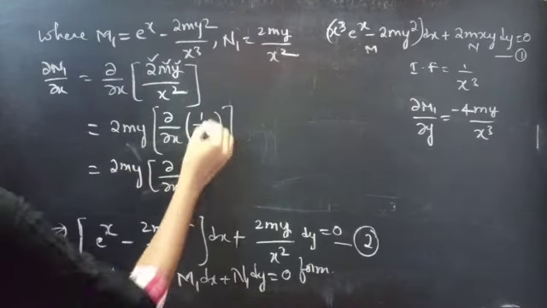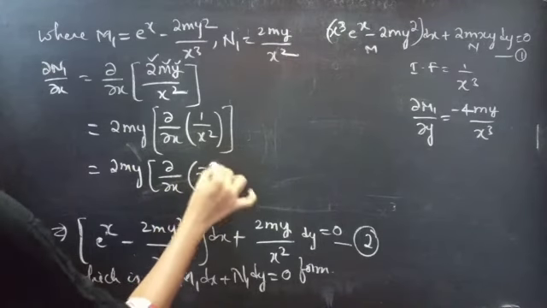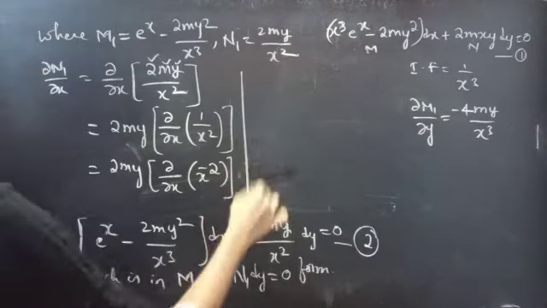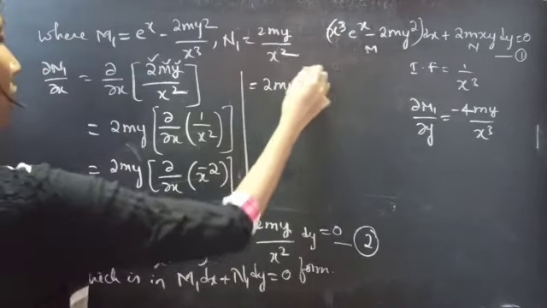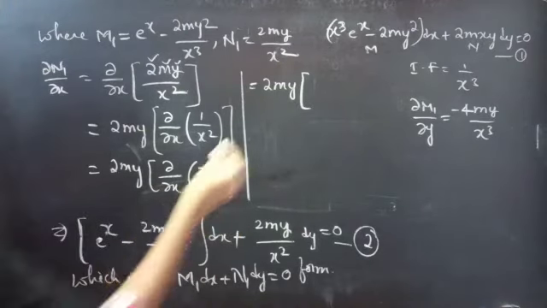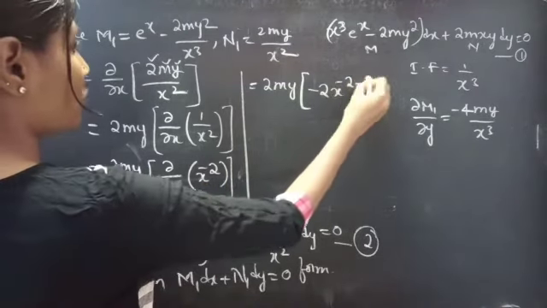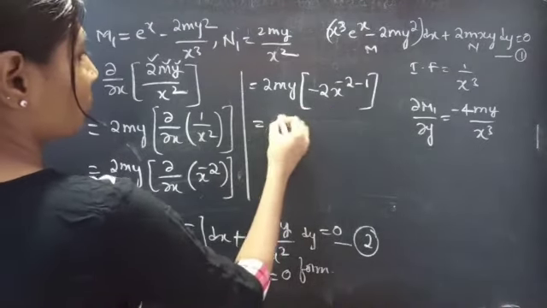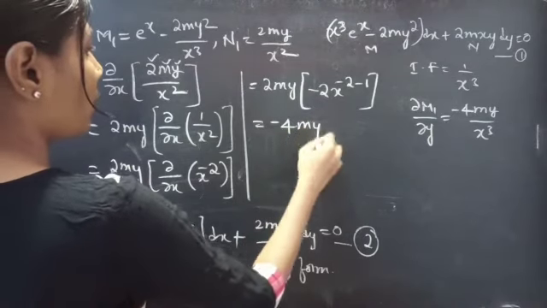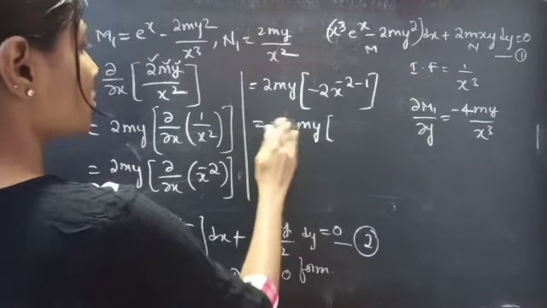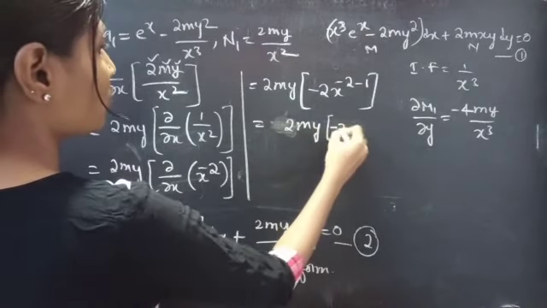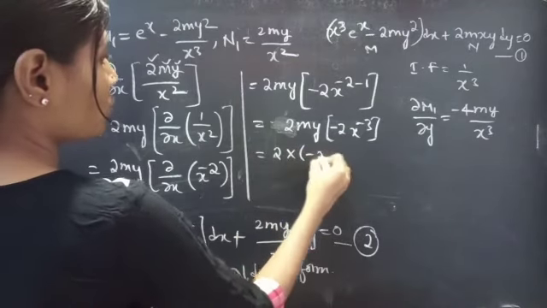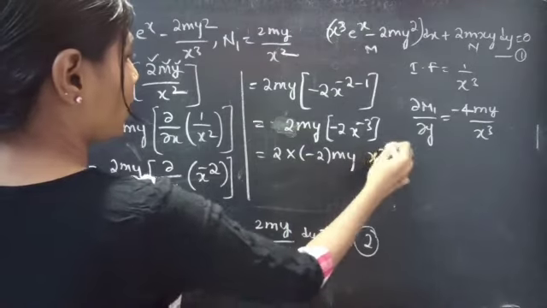Partial derivative of reciprocal of x square can be written as x power minus 2, which equals 2my times derivative of x power minus 2 with respect to x, which is minus 2 times x power minus 2 minus 1, which equals 2 into minus 2 is minus 4 my, or better you can write this as 2my into minus 2 into x power minus 3, which equals 2 into minus 2 into my into x power minus 3.